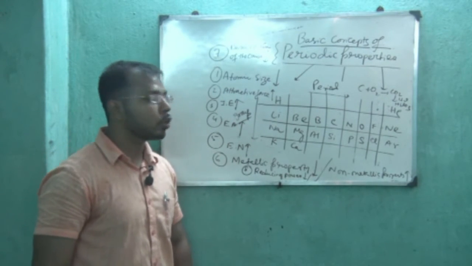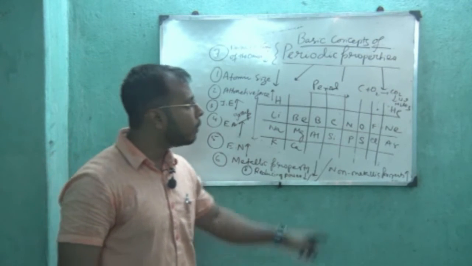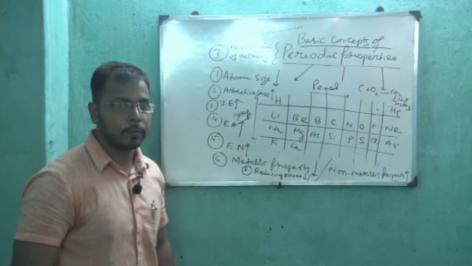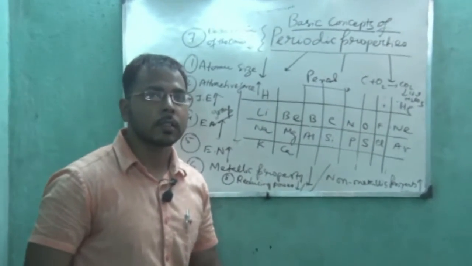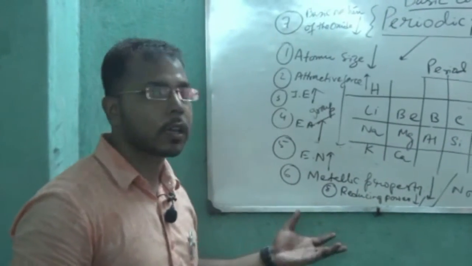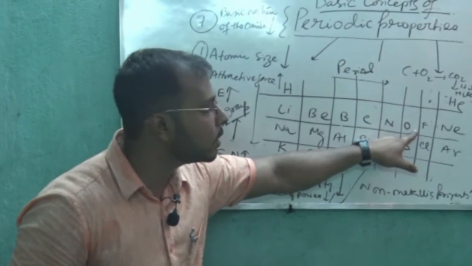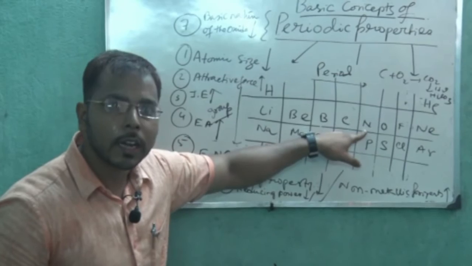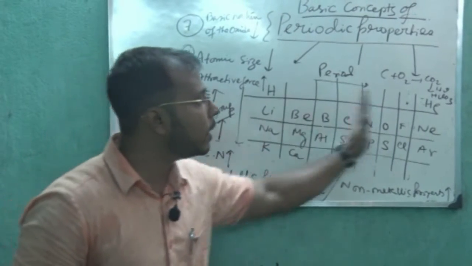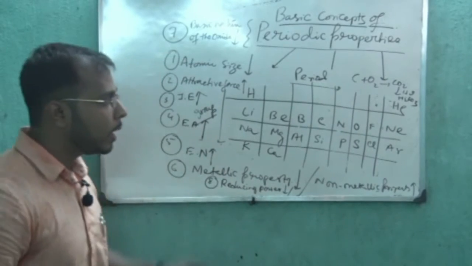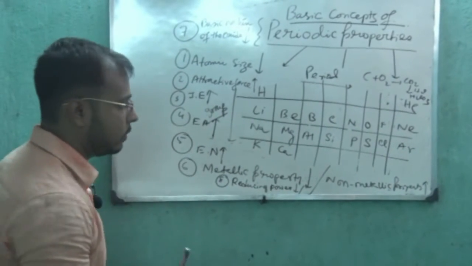If the question comes, compare the ionization energy of nitrogen and oxygen, what will be your answer? According to my trick, you can say that the ionization energy of oxygen is expected to be greater than nitrogen, as oxygen is to the right of nitrogen as we move from left to right. But actually the reverse case is observed.